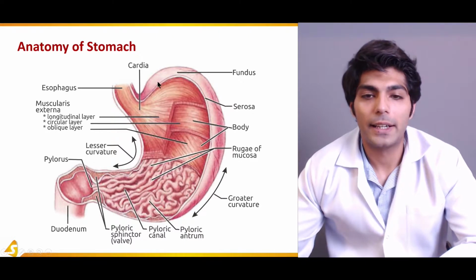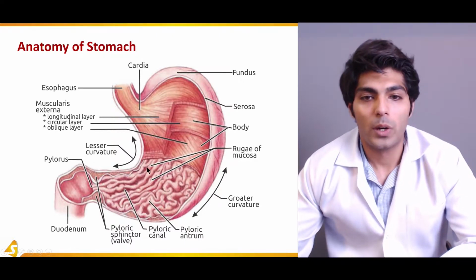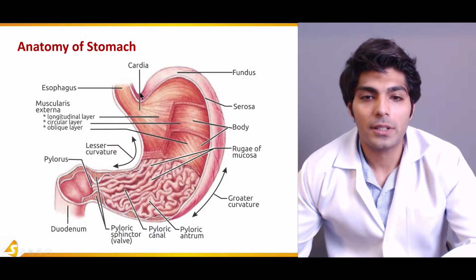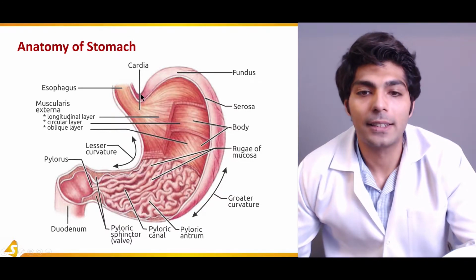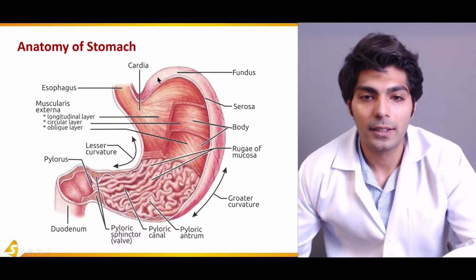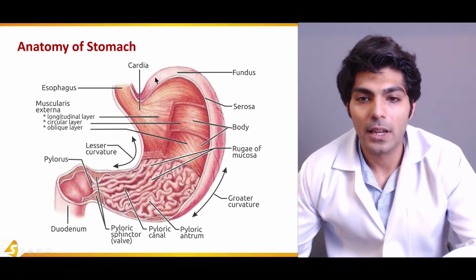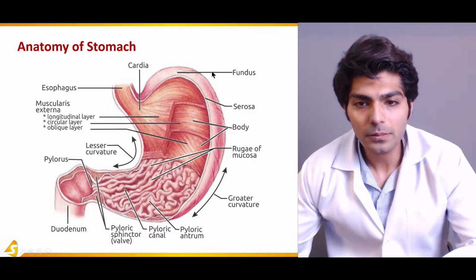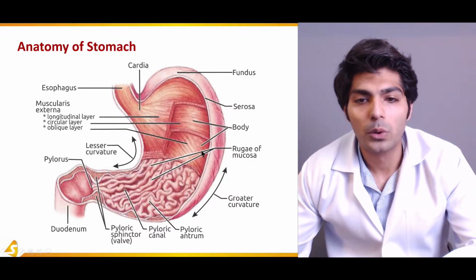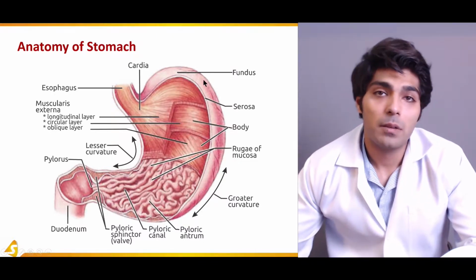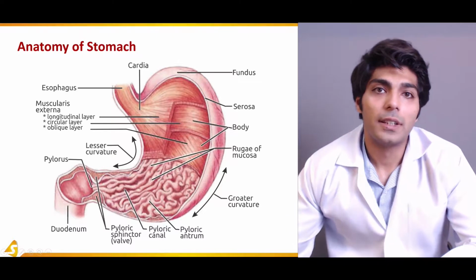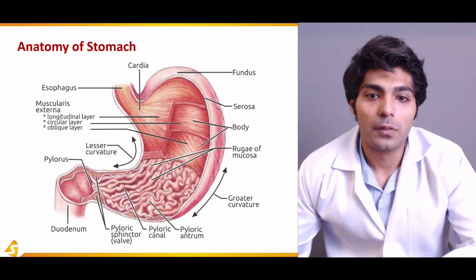The stomach is divided into 4 parts. One is the cardiac portion, which forms the junction at the end of the esophagus and the start of the stomach lining. Then there's the outer curvature of the fundus, which contains most of the glands of the stomach.